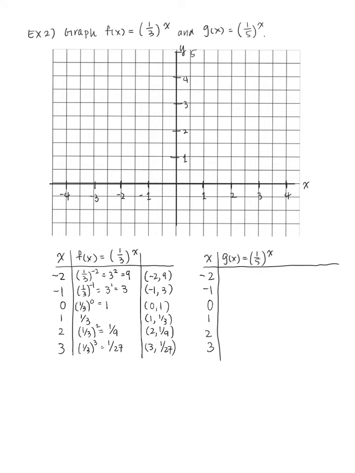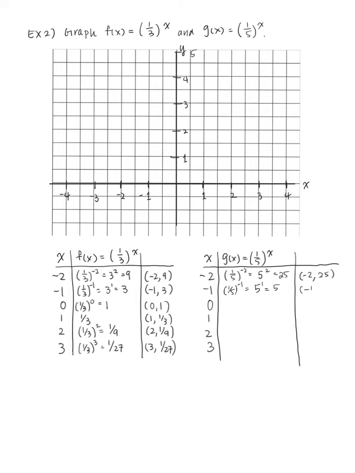Now let's do the same thing with g of x. g of x is 1/5 to the x power. So here when x is -2, we're going to have 1/5 to the -2. So this is just 5 squared, which is 25. So here you're going to have to plot -2, 25. Now when x is -1, we're going to have 1/5 to the -1, which is just 5 to the first, 5.